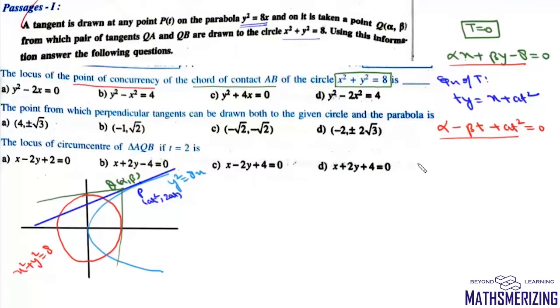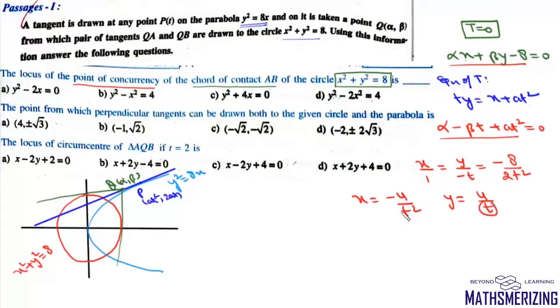So we'll take this x here, and the coefficient of alpha here is 1, and this is equal to y upon minus t, and it is minus 8 upon at², and a in this case is 2, so it will be 2t². So we can write this x as minus 4 upon t², and we can write this y as 4 upon t.